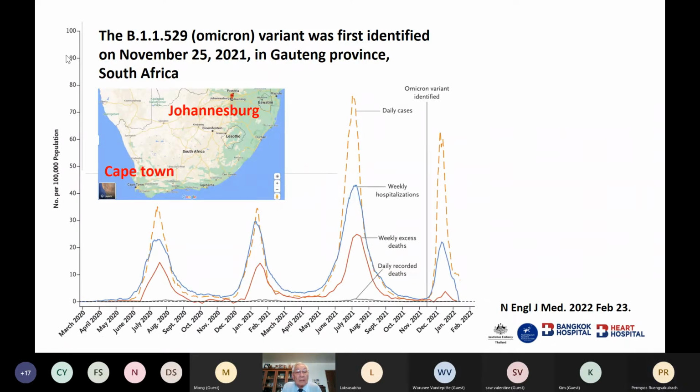So the first Omicron was reported in this town, okay, near Johannesburg in South Africa, and the WHO announced it a variant of concern.